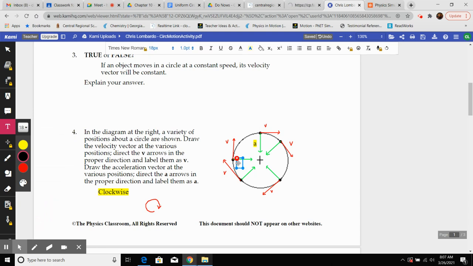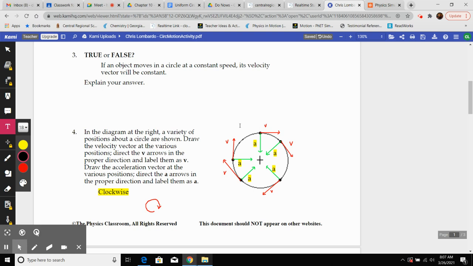Good, to the center. So this, guys, is what your final product should look like.